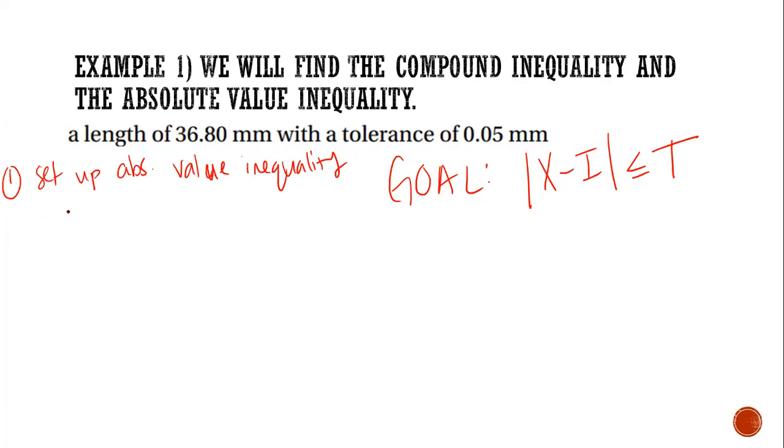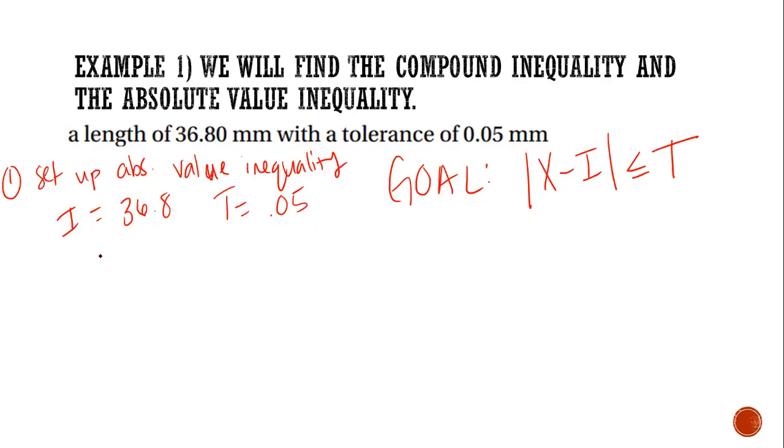It's telling you this is your length, and it has a tolerance of 5/100 of a millimeter. So my I equals 36 8/10, and my T equals 5/100.